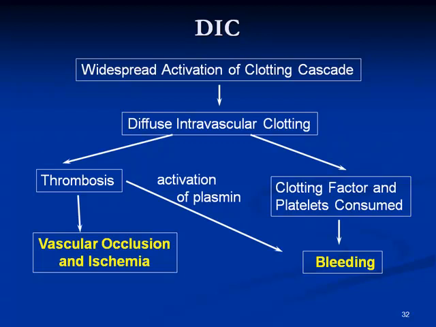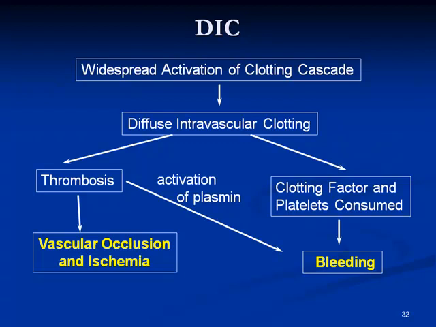What we see is widespread activation of the clotting cascade. So the clotting cascade gets activated and is triggered throughout the body. We get blood clots forming inside the blood vessels. So we have thrombosis, which leads to occlusion of the blood vessels and ischemia of the tissue that those blood vessels are supplying. So if we're talking about the heart, we're having heart attacks. If we're talking about the brain, we're having strokes.